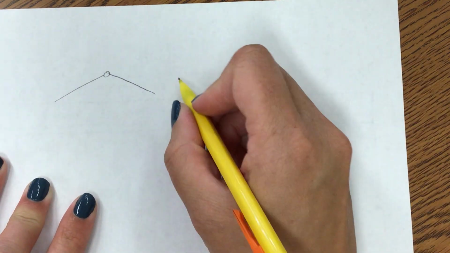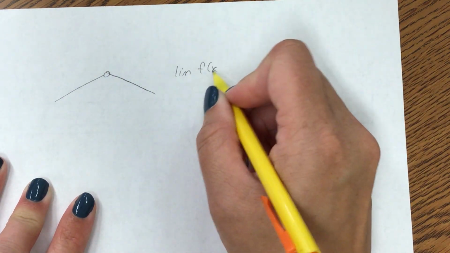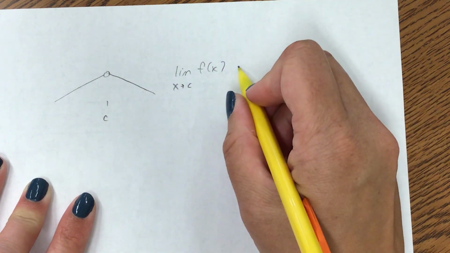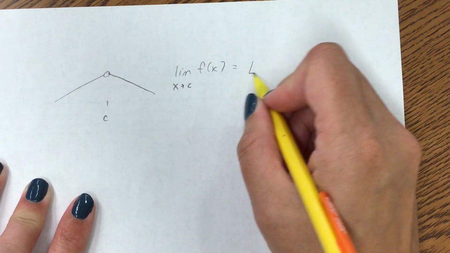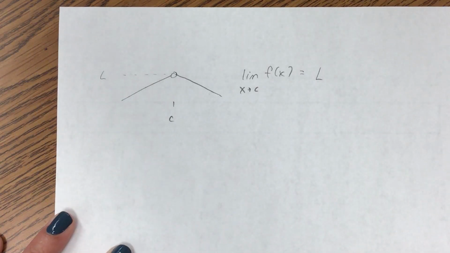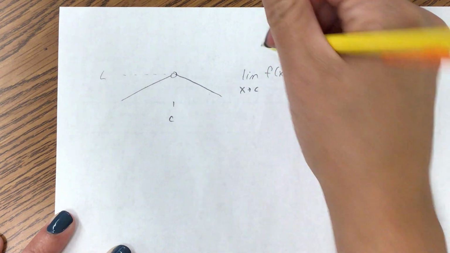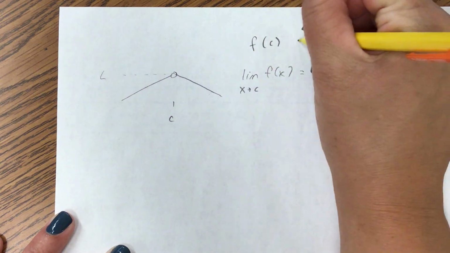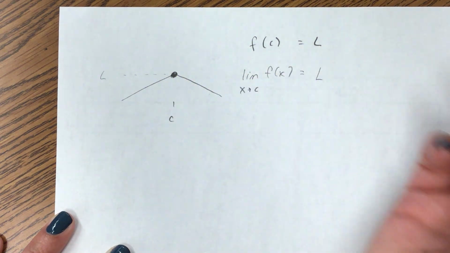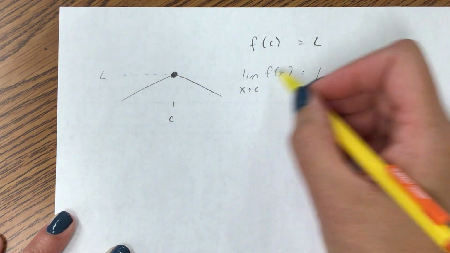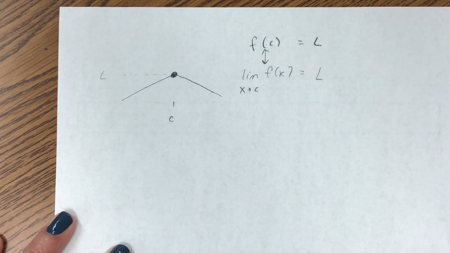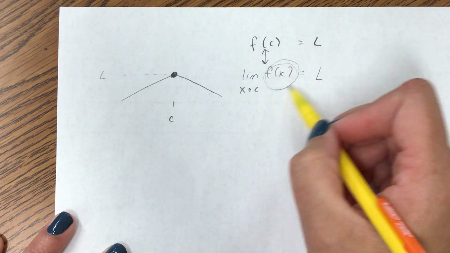So that means that the limit of f of x as x approaches c has to exist. It has to equal a number. I'm going to say it's L. That's going to be our y value. And f of c had to equal that same number, L. Like there had to actually be a point there. So then these things are going to equal each other. This is f of x.